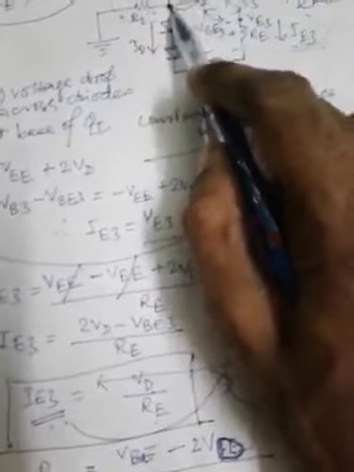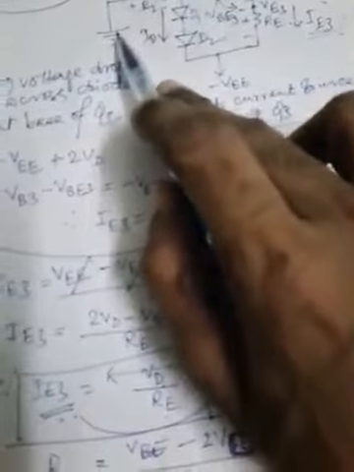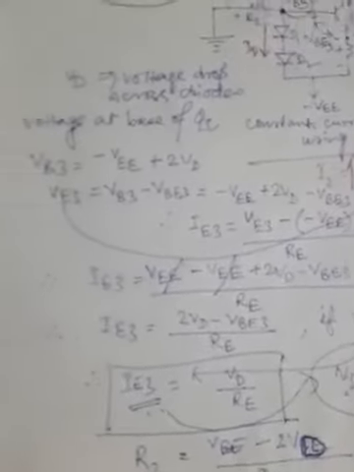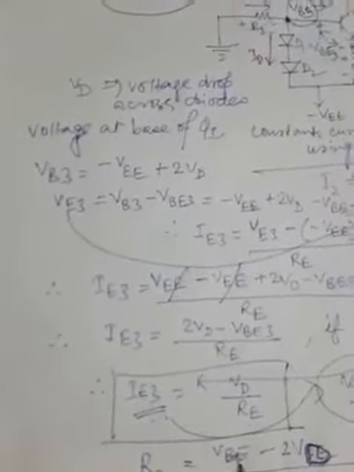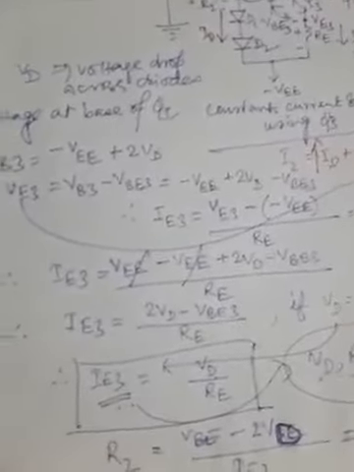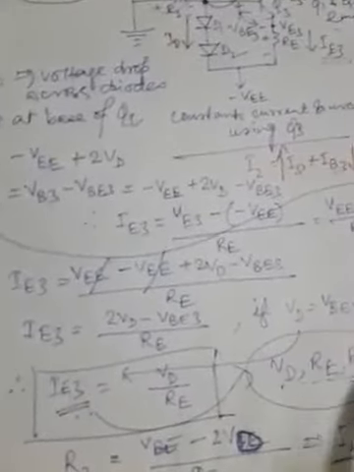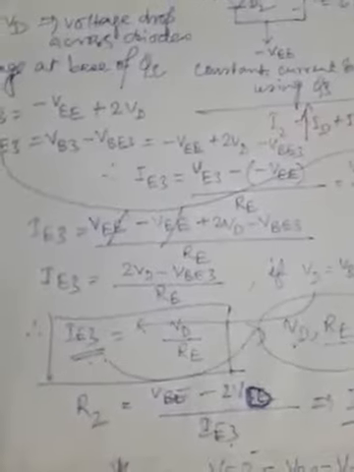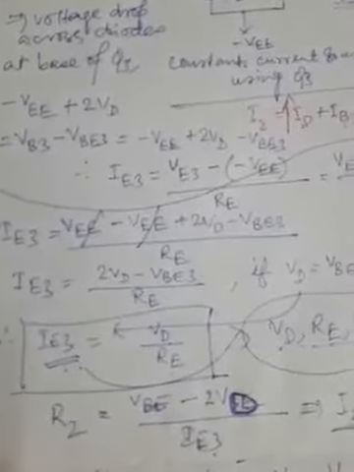R2 can be found by VEE minus 2 VD, that is the two voltage drops, which give the voltage at this point, VB3, and VB3 minus 0 divided by R2 is I2. So if I2 is considered to be equal to I3, then using this equation, VEE minus 2VD divided by I3 gives us the value of R2. Once we have these values R2, RE and VD in hand, we can easily design the constant current bias circuit for the dual input balanced output differential amplifier.